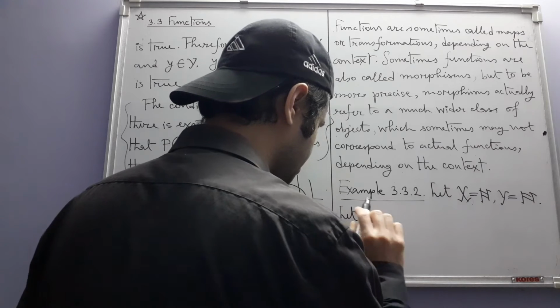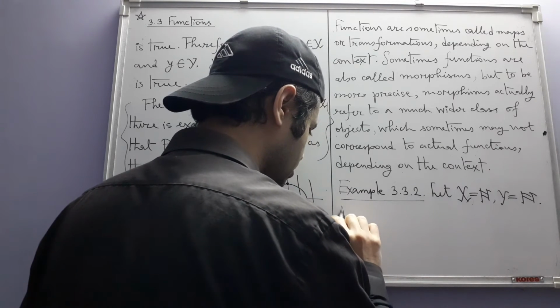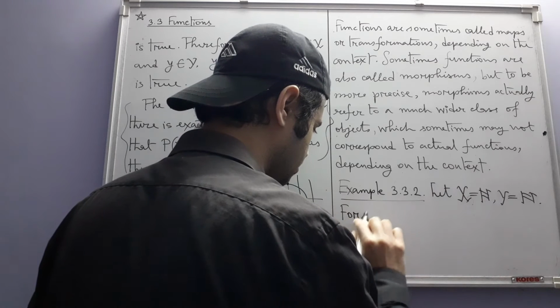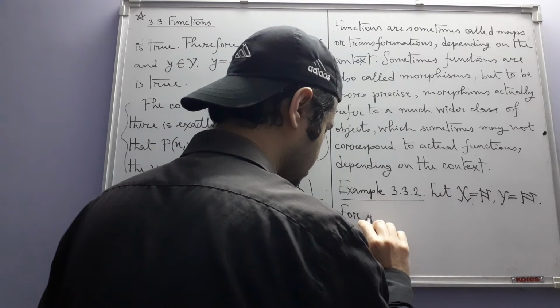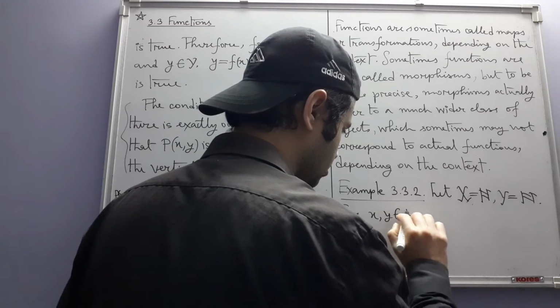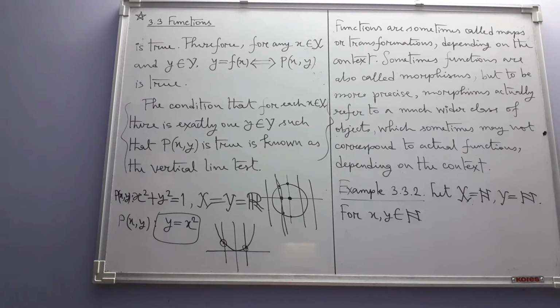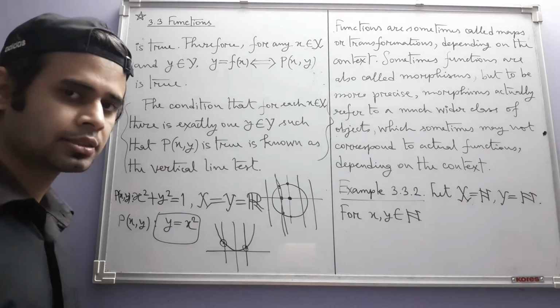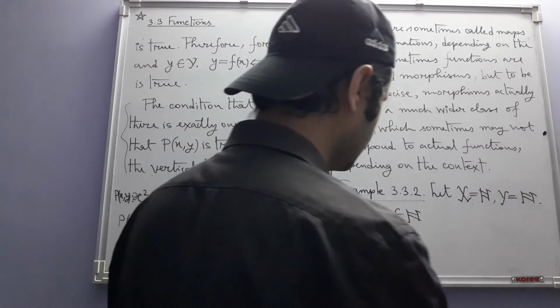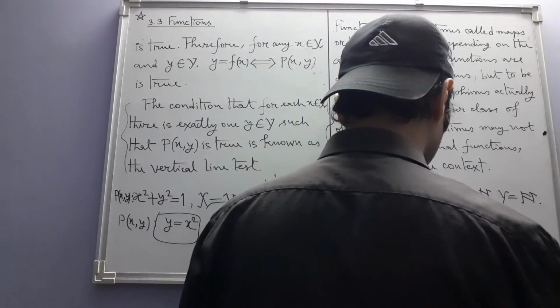Now we define a property for x and y belonging to N, that is x belongs to X and y belongs to Y. But in this case, since X and Y are the same N, we are taking small x and y to be two natural numbers.